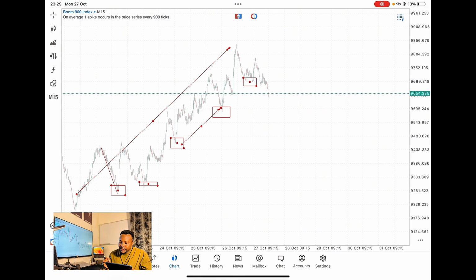Once I have those 2 points, right? My point A and my point B, I'm going to draw my levels. So let's say from this point to this point. So my market moved from this level to this new high, right?